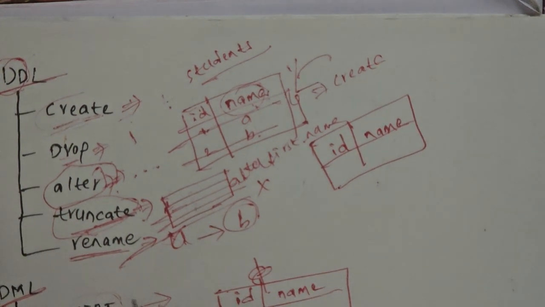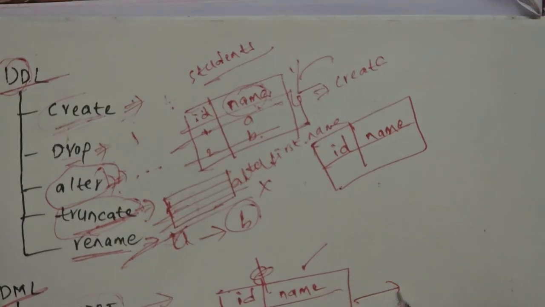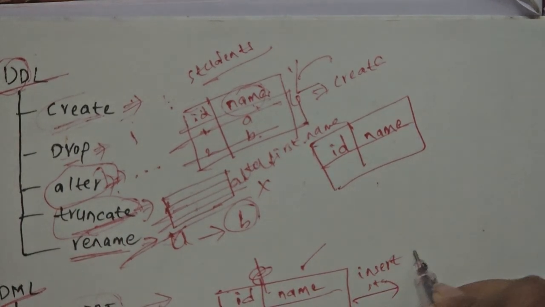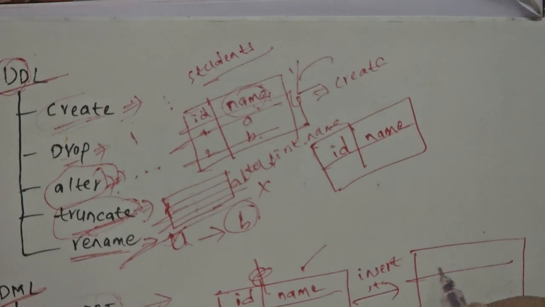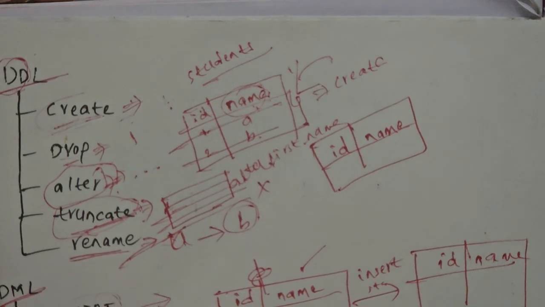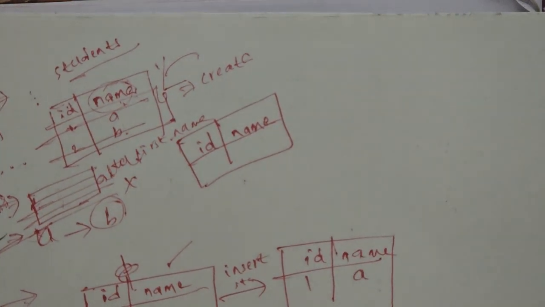If by using the create statement we can create this structure, then by using the insert statement we can add the records into this table. For example, by using insert statement, I have added one particular record.